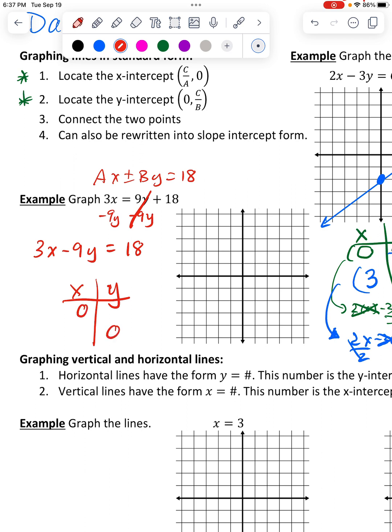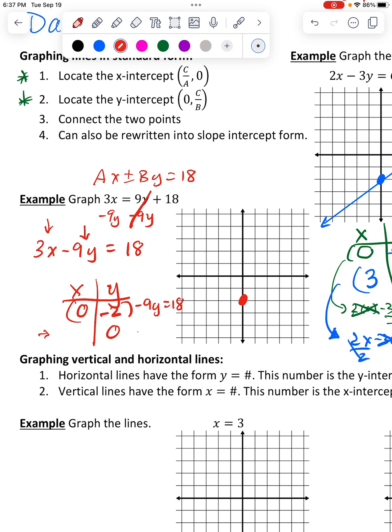So if I put a 0 in for x, that would make the x part 0, leaving me with just -9y equals 18. And if I divide by -9 to solve that, I get -2. So 0, -2 is my y-intercept. If I plug for the second one a 0 in for y, then the -9y goes away because it became literally nothing.